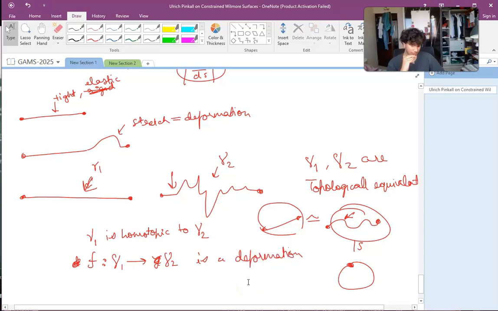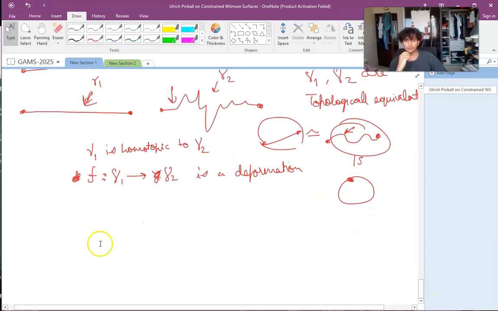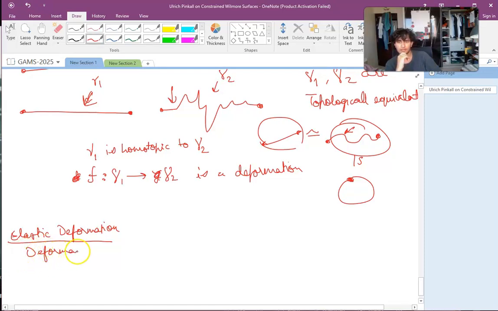The question is, is there a particular type of deformation I have to worry about? When we're talking about elasticity, our deformations are going to follow the following properties. At least when it comes to lines, we're talking strictly about lines here. So the deformations need to be length preserving.